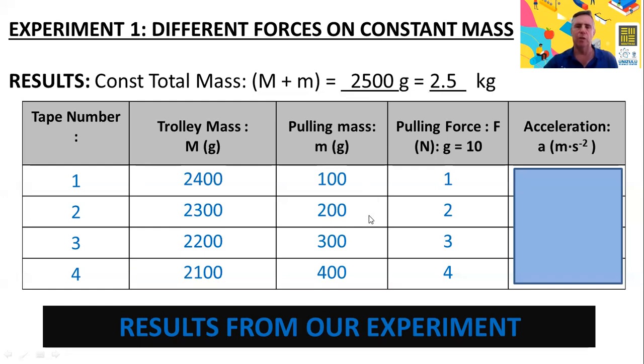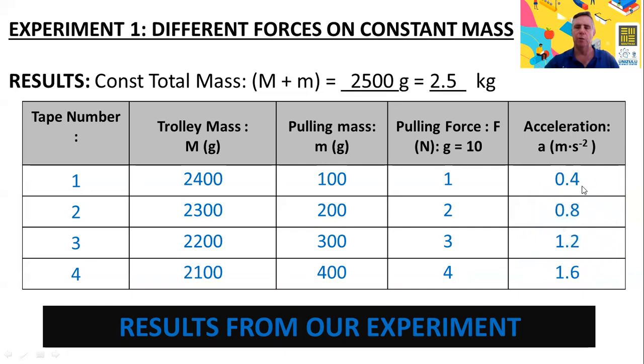Now, we're just going to approximate g equals 10 to make the calculations easier. So 100 grams is equivalent to a pulling force of 1 Newton, 200 grams, 2 Newtons, 300 grams, 3 Newtons, 400 grams, 4 Newtons. Now, all of these figures you can copy down. And then, of course, by analyzing the 4 ticker tapes, we came up with the 4 values for acceleration. Now, you'll just have to accept these.